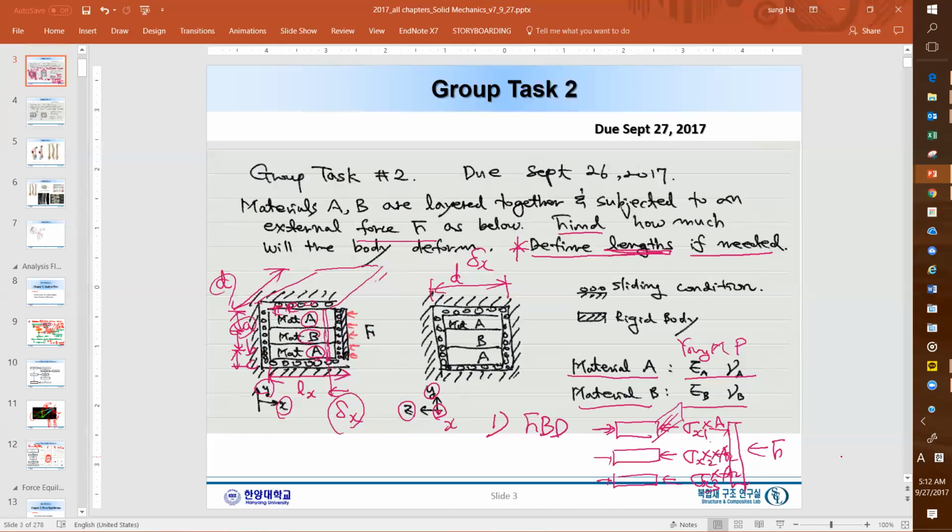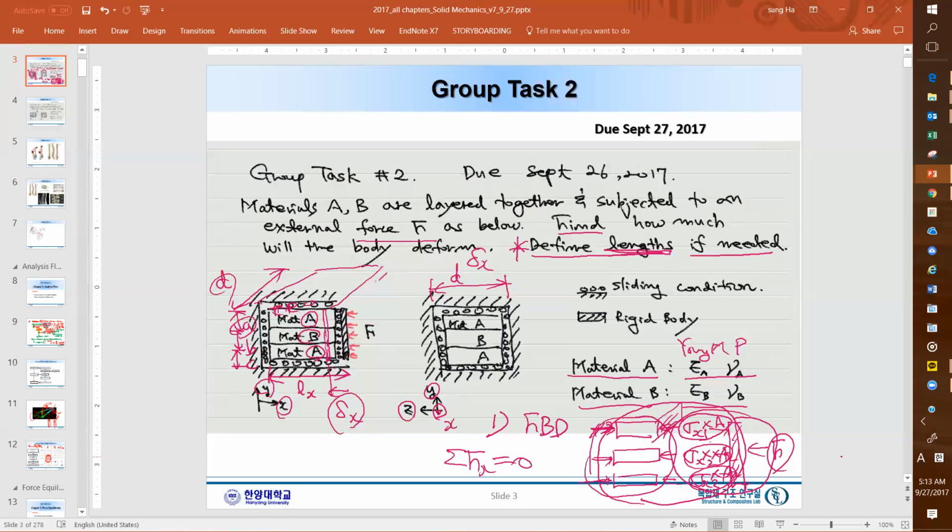So this is the force which will be discharged, and this one, and this one. You can consider this as equilibrium, right? In the free body diagram, you can consider Fx equals 0. Fx equals 0 means you can apply it here, or you can apply it to the whole system, and all these forces are the same as that one. So this one and F should be the same. Okay, that is the force equilibrium.